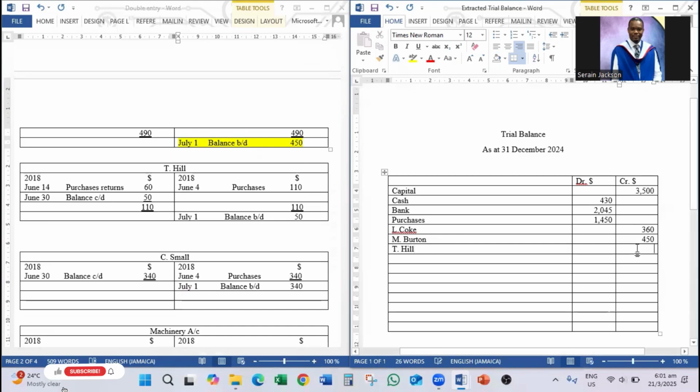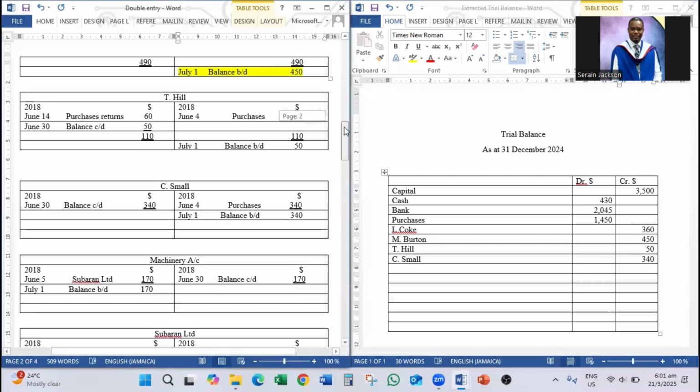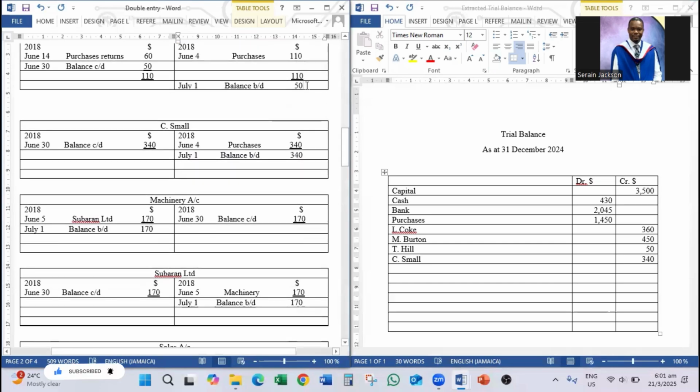T. Hill on the credit side again, 50. C. Small, 340, just like that. So it is pretty simple. Remember, we're just using the balance brought downs. Whatever side the balance brought down falls on is the same side we're going to put the information on.